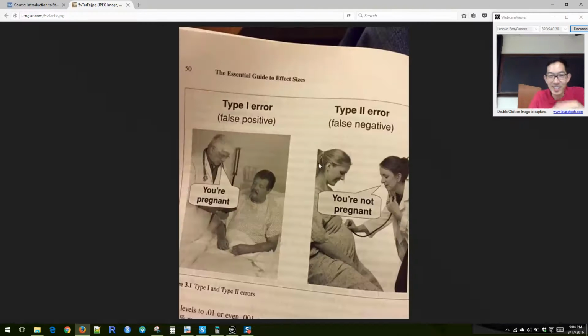Okay, here it is. So this is type 1 error. Can you guys see this? The one thing this is missing is the null hypothesis. What would the null hypothesis here be, if this is the type 1 error and this is the type 2 error?